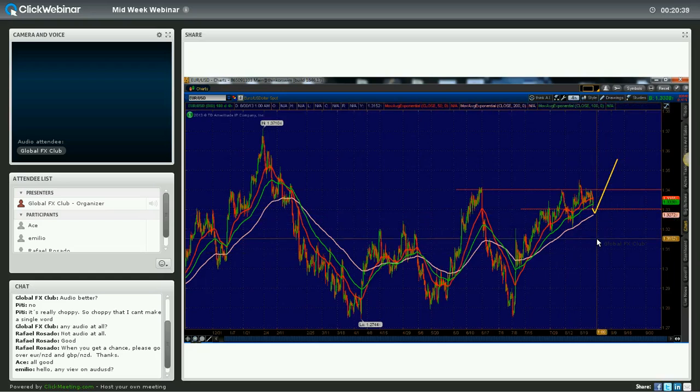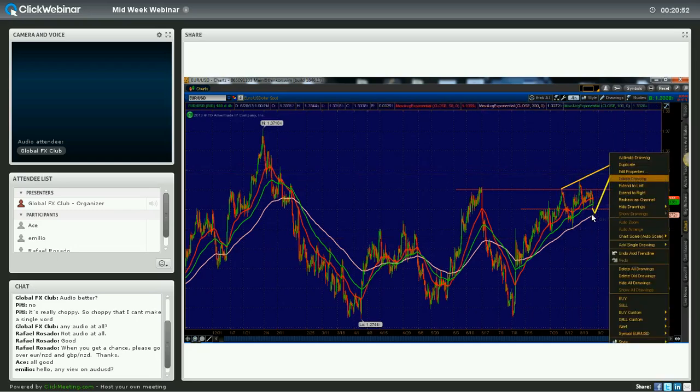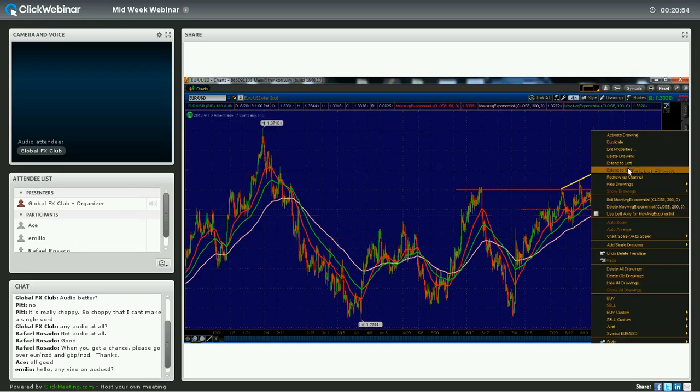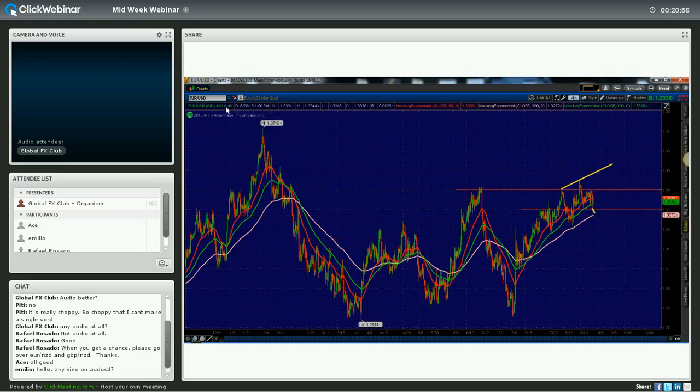Until then, this slow grind sideways and higher seems somewhat likely to continue. But euro is definitely one of the least clear pairs that we have going on right now. Lots of just chop and sideways consolidation, not particularly great trading.